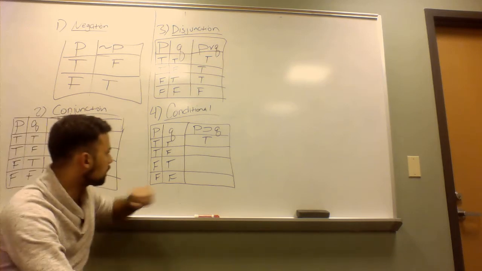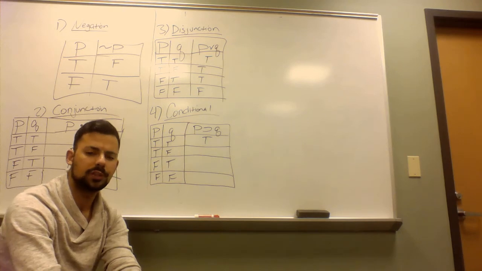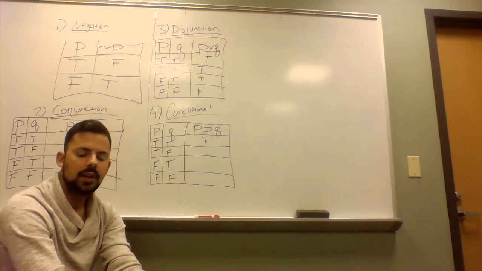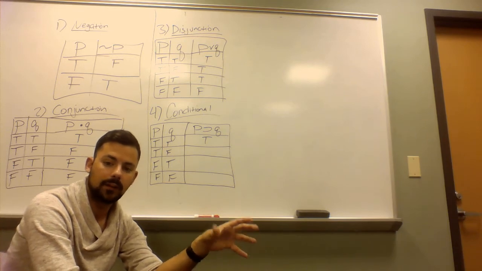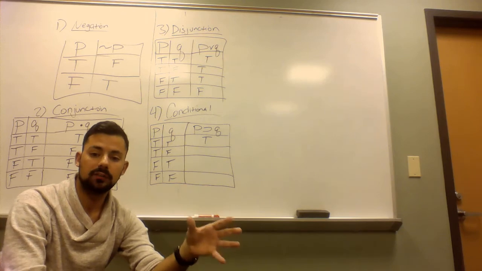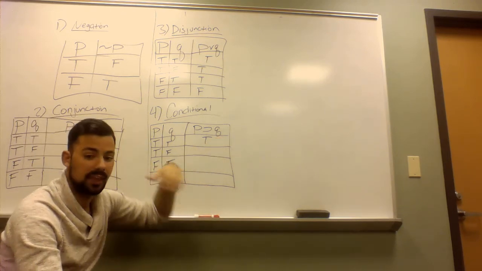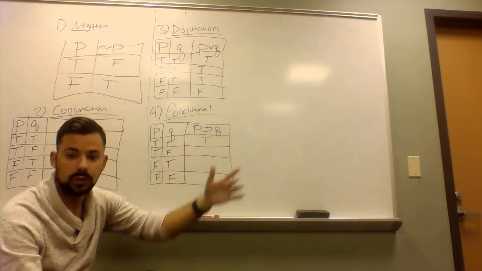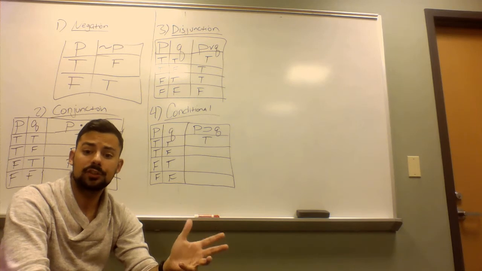Right. The if part, the part before the horseshoe, is what's called an antecedent. That's the condition that needs to be met. All right. That's the condition that the conditional statement is putting forth as something that needs to be met. The second part, the then, the part after the horseshoe, here in this example Q, is what's called the consequent.